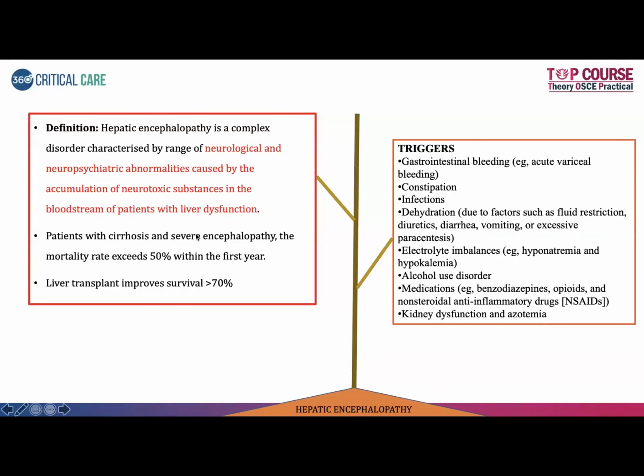So when we consider the European definition, they define acute on chronic liver failure as acute worsening of a pre-existing liver failure triggered by an event, leading to increased 4-week mortality, with bilirubin concentration more than 12, and extrahepatic failures. There are 6 organ failures that have been defined.